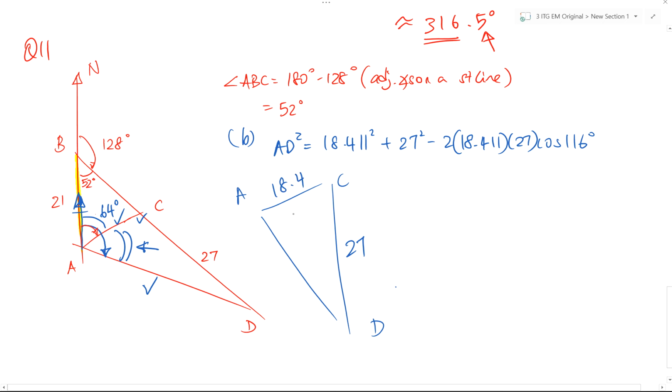What about the side AD? Yeah, how much was that? 38.8. Then we want to find the bearing, this angle.